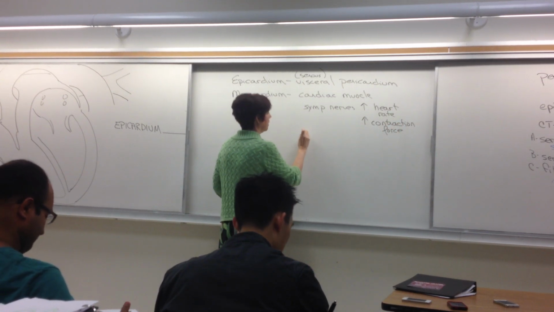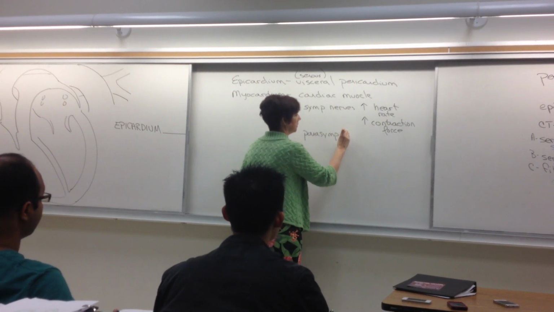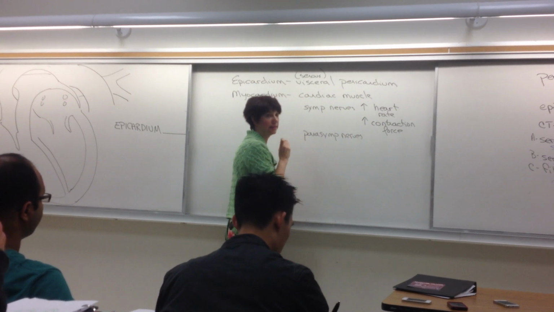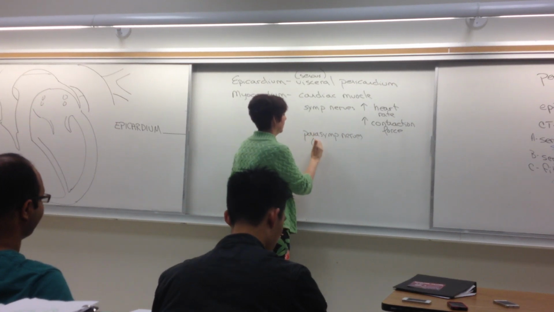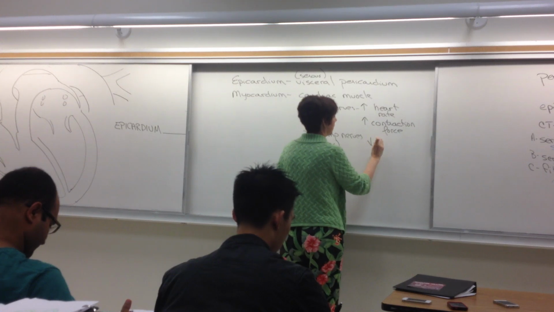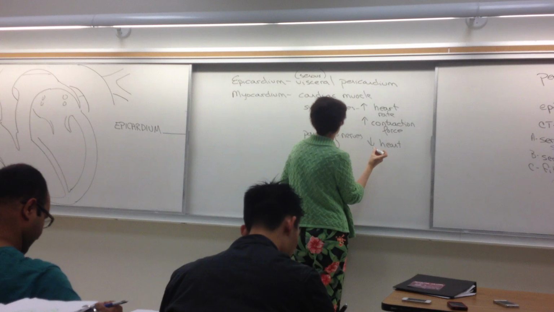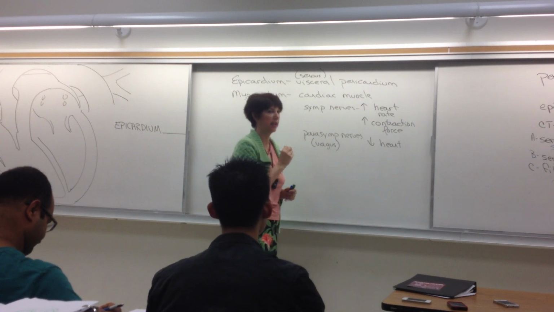And parasympathetic nerves, and what parasympathetic nerve would that be? Vagus. Vagus. Are going to do the opposite. Going to decrease heart rate. There are no receptors for the neurotransmitter, so they don't really affect contraction force.